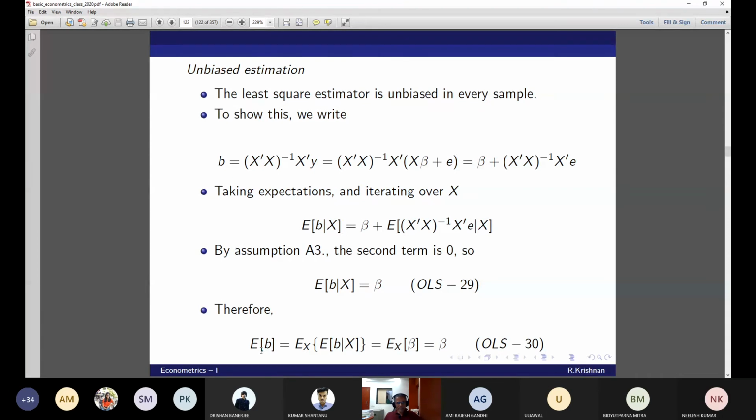Take expectations, iterating over X. By assumption A3, the second term is 0. So the expected value of b given X is equal to beta. And OLS 30, the third point. What is being used in OLS 30?